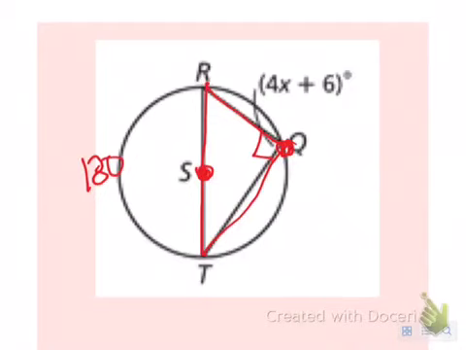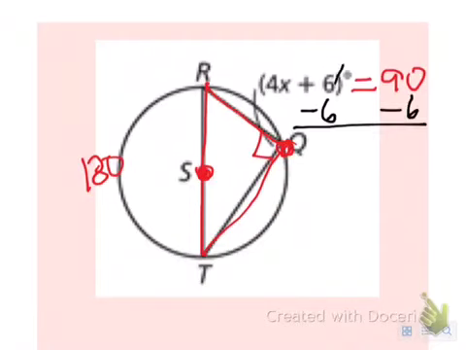So if I want to solve for x, I'm going to say 4x plus 6 equals 90, because all right angles equal 90. And I want to solve for x. So to solve for x, what I need to do is I need to get x by itself. So I'm going to do the opposite of add 6. I'm going to subtract 6 from both sides. Positive 6 and negative 6 cancel. That gives me 4x equals 84, because 90 minus 6 is 84.